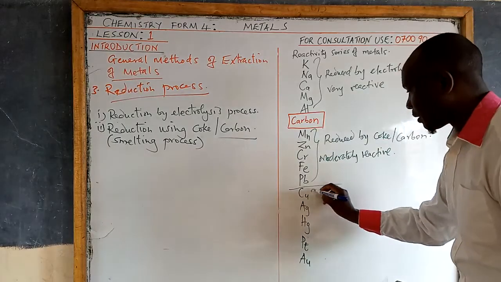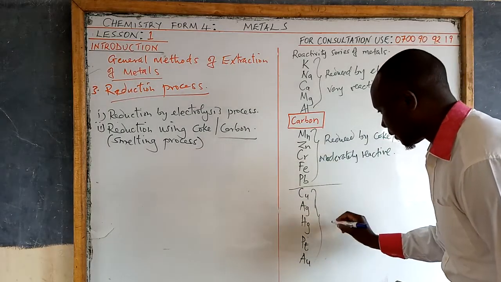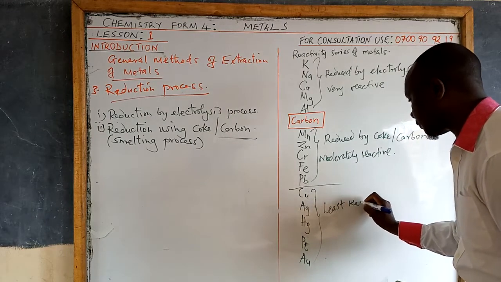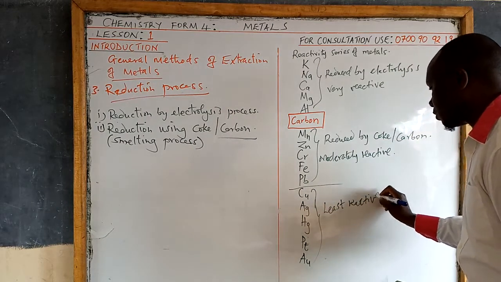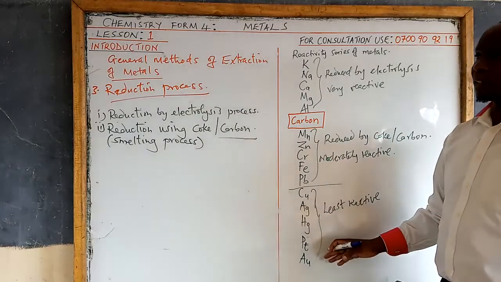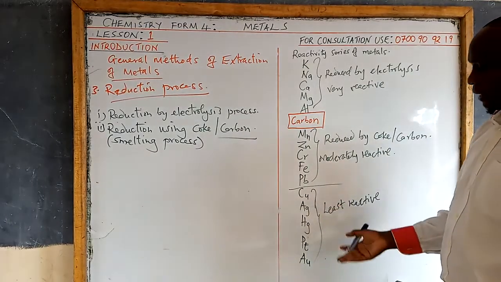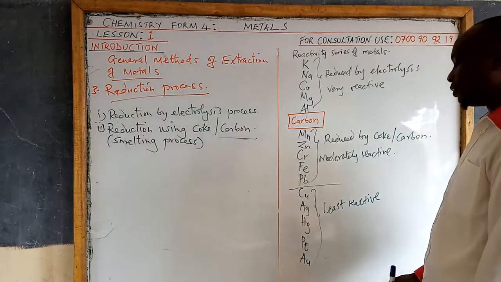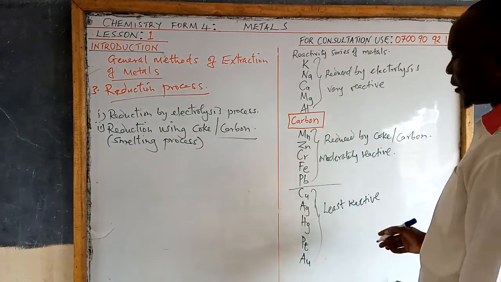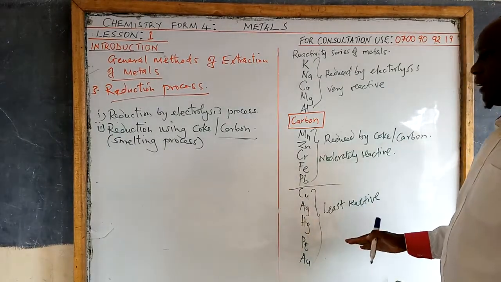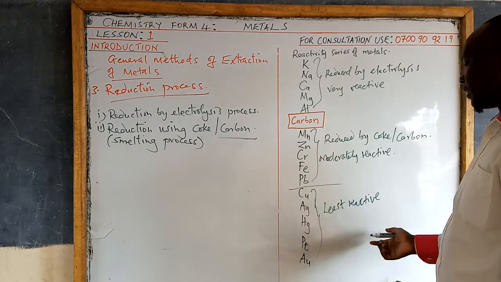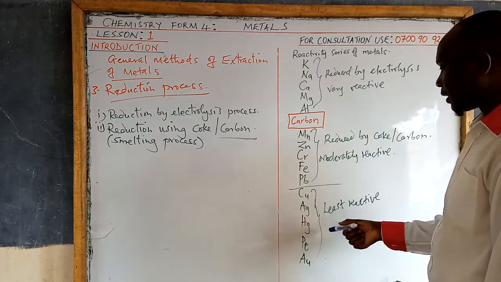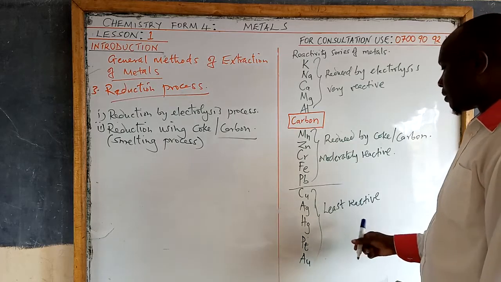And then these are the least reactive. Some of these are usually found just as free elements, for example gold, just found as gold, platinum also. But some can also be found combined, particularly as oxides. So these ones are usually reduced by roasting.